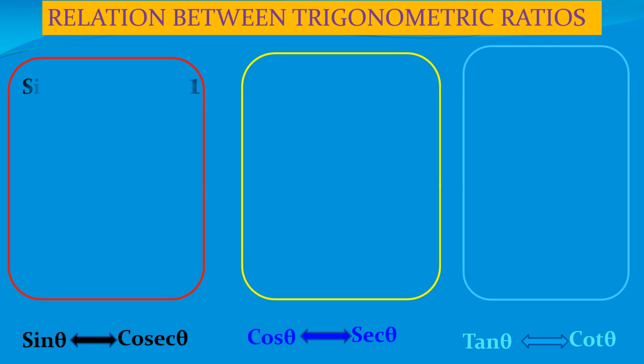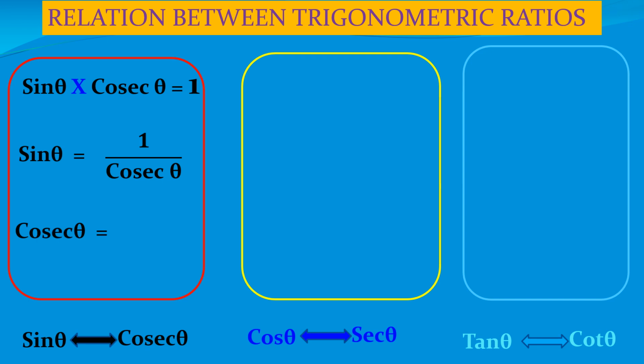Here you observe that sin theta into cosec theta is equal to 1, and if you send the cosec theta to the right side, sin theta is 1 by cosec theta, and if you keep cosec theta on the left side and send sin theta to the right side, it is 1 by sin theta. That means sin theta is 1 by cosec theta, and cosec theta is 1 by sin theta.